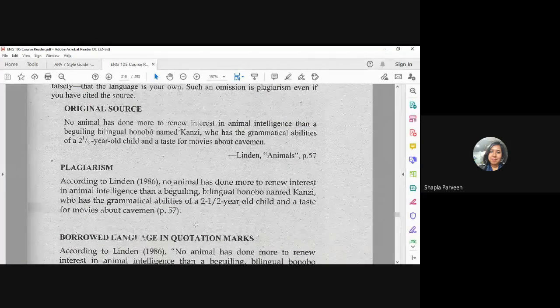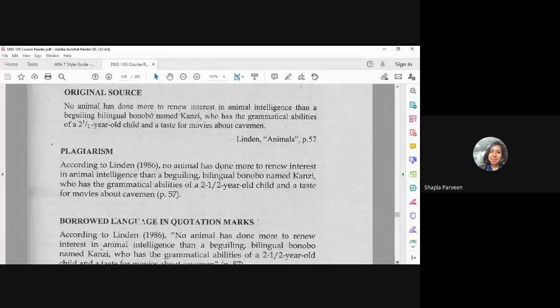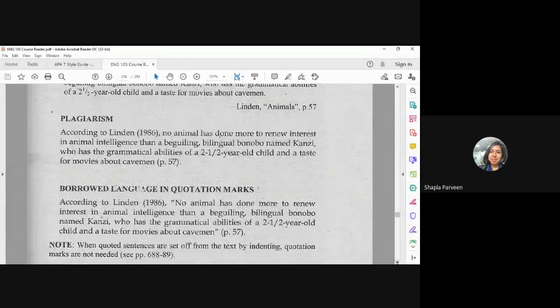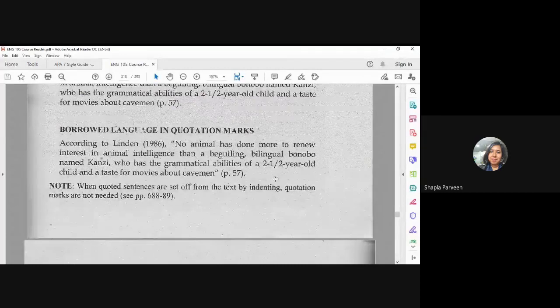If you want to summarize a few sentences or a few paragraphs, then that's easier. So most of the time you will be using paraphrasing. Okay, so here's the correct version: according to Linden, 1986, that, in quotation marks that start here and end here, then at the end the page number is given.